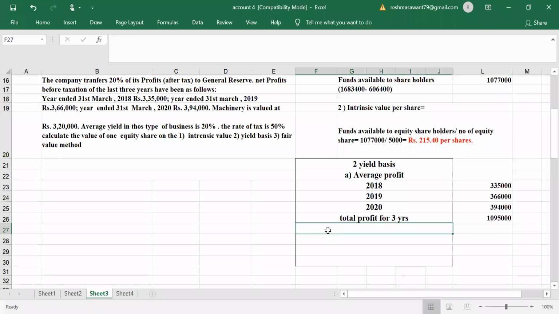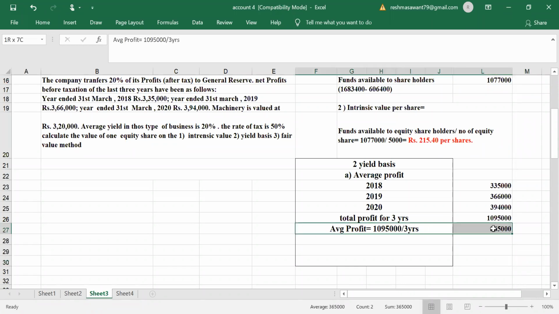Now the average profit equals 10,95,000 divided by the number of years, that is 3 years. Your answer will be an average profit of 3,65,000. So this is your average profit.